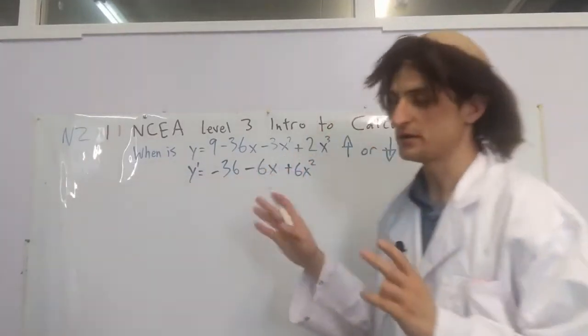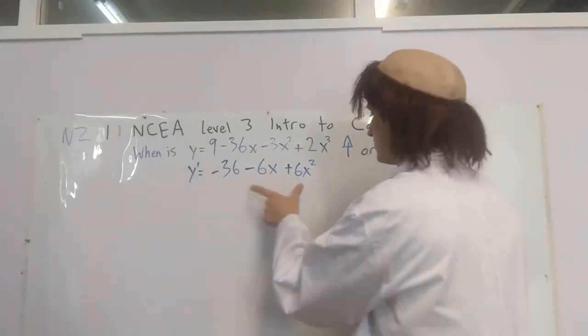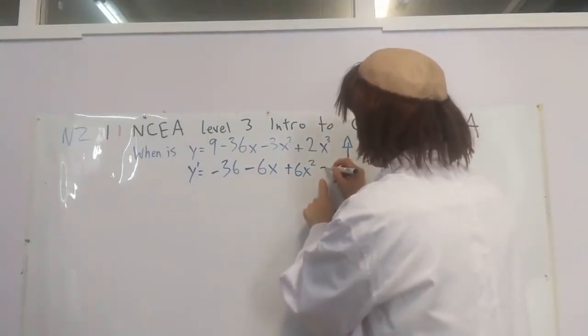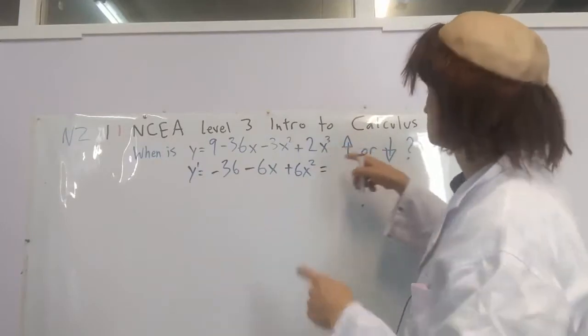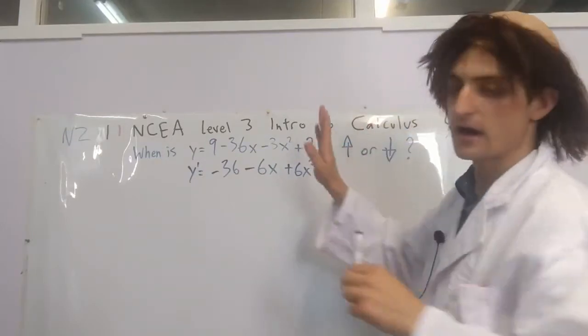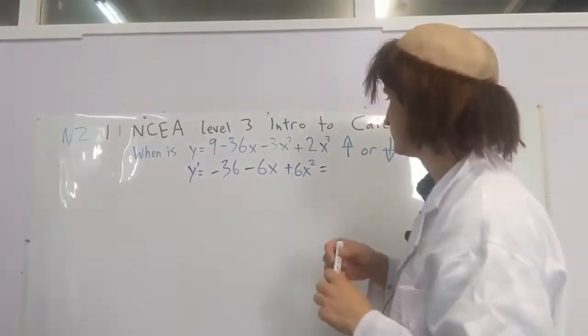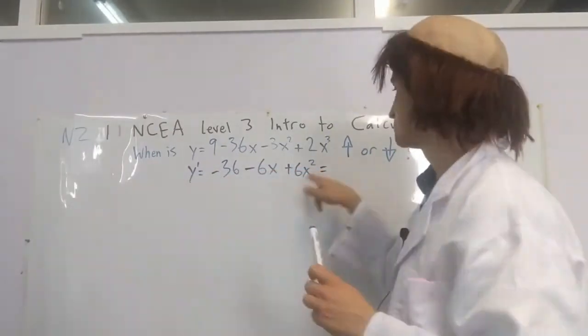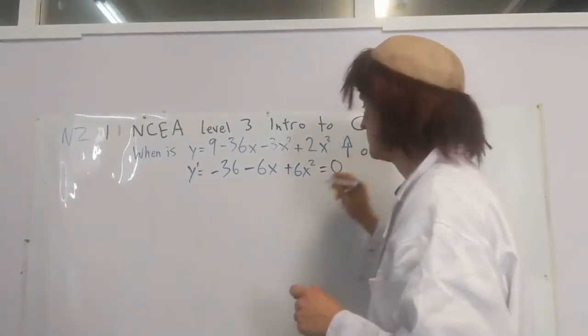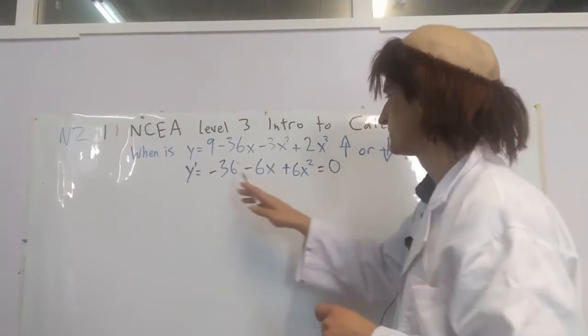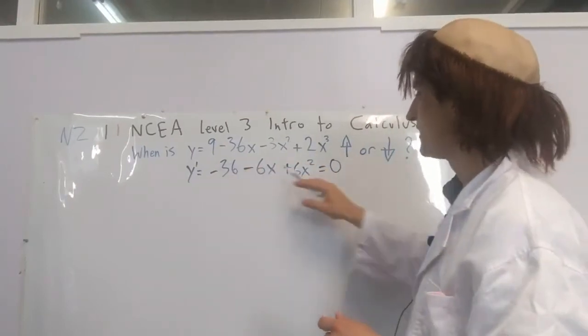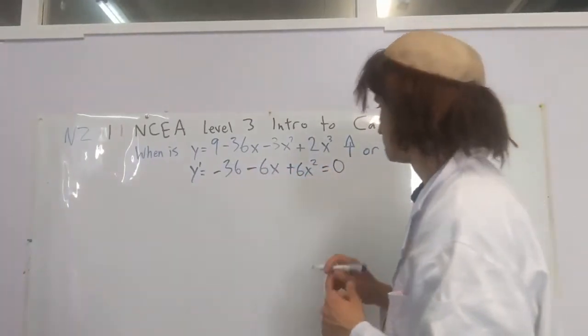Basically, I want to set this equal to 0, because the points at which they either stop increasing or stop decreasing will be flat, which means they'll equal 0. And once I have it like this, I can divide by their common factor, which is 6.